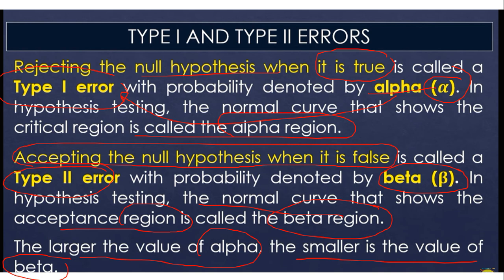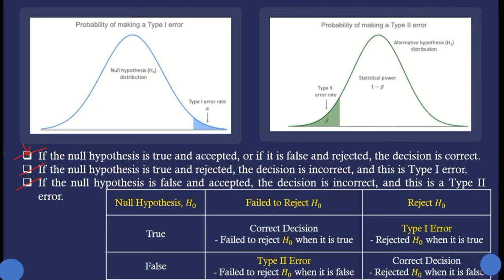So, I will take you home. Next is this. When our null hypothesis is true and accepted, of course it is true and you accepted it, or if it is false and rejected, that is the correct decision we can make. The null hypothesis, sir, is true, so I will accept it. True, that is right. Sir, I will reject it because it is false. And that is a correct decision.